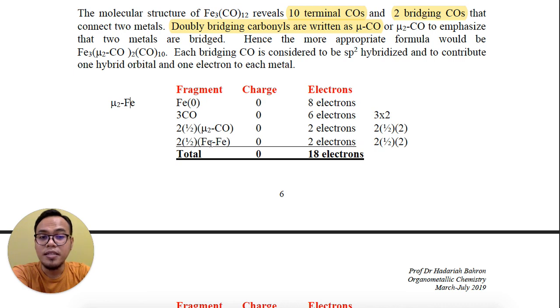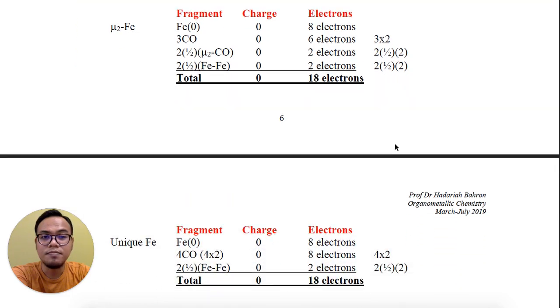So iron to iron, we have 2 electrons. Any metal to metal bond must comprise 2 electrons. But for one iron, it's going to be 1 electron. But you have to multiply by 2. Why?